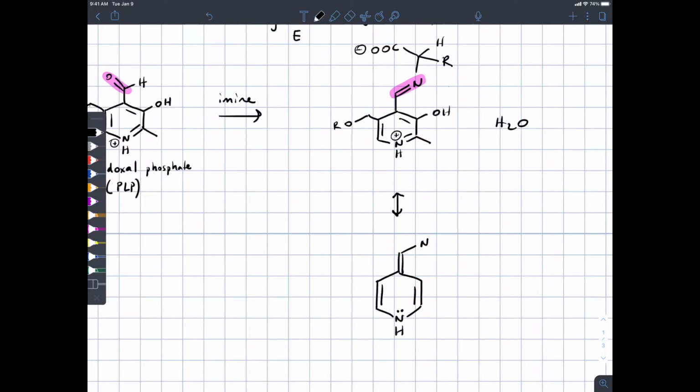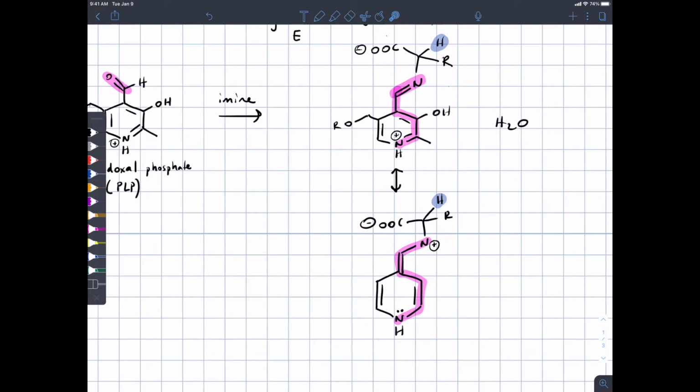And I guess if we did that, we'd have a positive charge on this nitrogen. Like I said, it's probably not the best resonance structure. But what I mean is that now we have a proton on the alpha carbon of the amino acid, and that proton is adjacent to an electron deficient pi system.